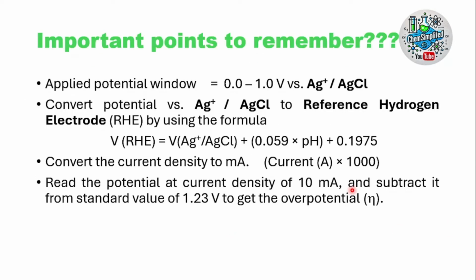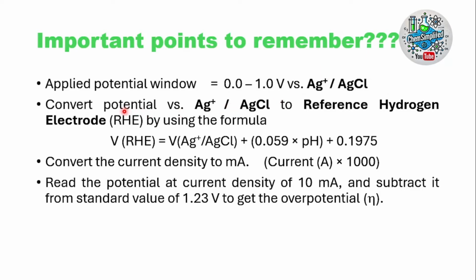Some important points must be remembered before going for the experiments. For the OER reaction, we have to measure LSV or linear sweep voltammetry in an applied potential window of 0 to 1 volt when we are using silver chloride as a reference electrode.